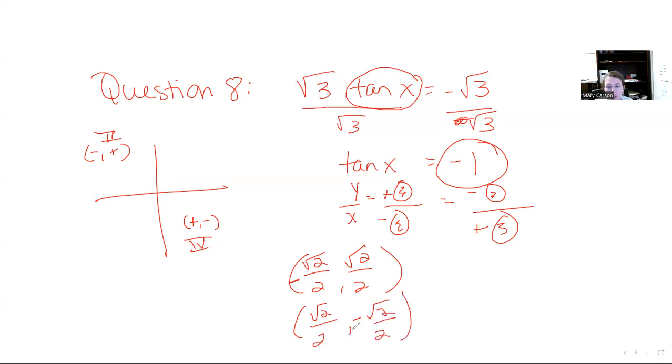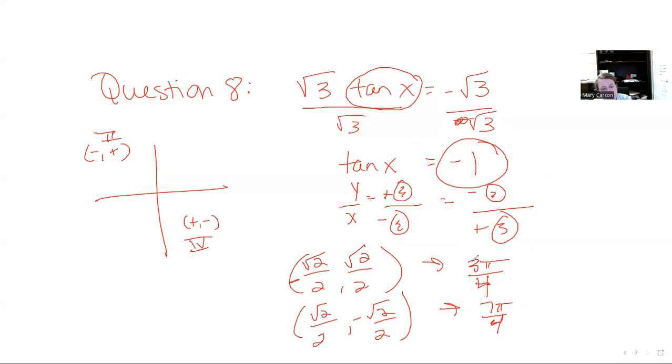And when you look on the unit circle, that one is going to give you 3 pi over 4 as your first one, and then the other one would be 7 pi over 4. Okay. So this one was actually a number on the unit circle, which was nice. And just knowing that if you divide your x and your y to get a 1, it would have to be replicas of the 45-degree angle. Oh, excuse me.